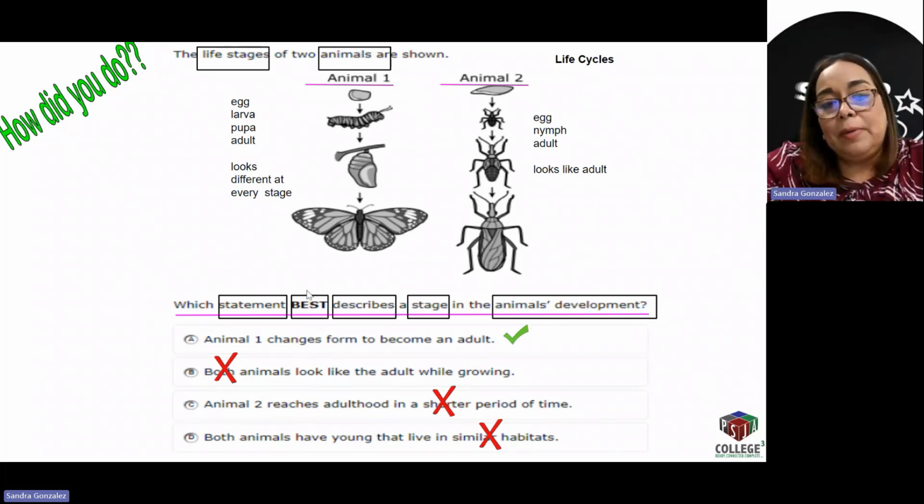We purposefully picked this type of question because we noticed that in the last benchmark, I believe there were 6 of them that use best, where there are 2 answer choices that are very possible and similar, but one of them distinguishes itself from the other. In this case, letter D, we don't know that both animals have young that live in similar environments. So letter A is our answer.